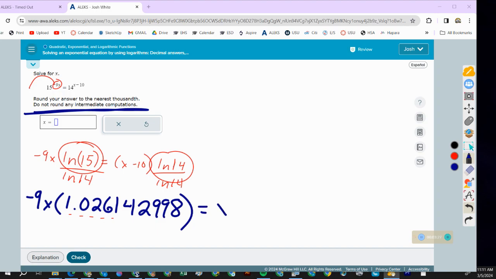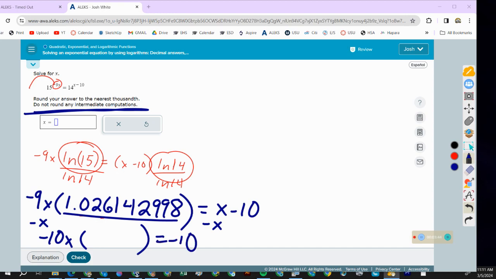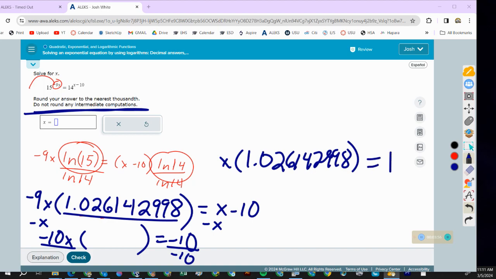And that is equal to x minus 10. So we're going to subtract x, and I get negative 10x times all of this stuff equals negative 10. Oh, how nice is that? So we divide by negative 10, and I get x times 1.026142998 is equal to 1.